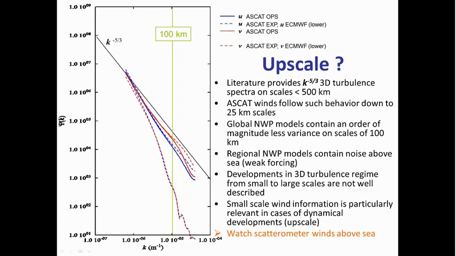If you compare the scatterometer solid or dashed lines with the ECMWF dashed lines at the bottom, you see that there's typically more than an order of magnitude difference in the energy density, which means that on those scales the ECMWF model is lacking scales that are seen in the scatterometer data, down to 25 kilometers as I mentioned. So if you are looking for mesoscale structures, watch for scatterometer winds over sea.